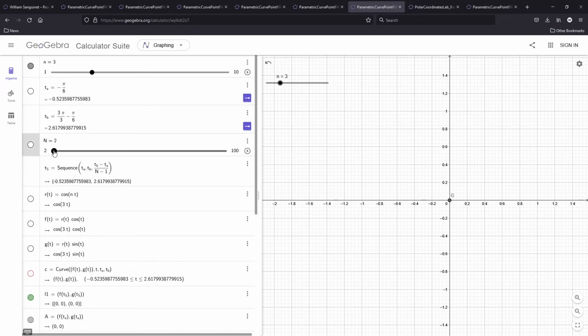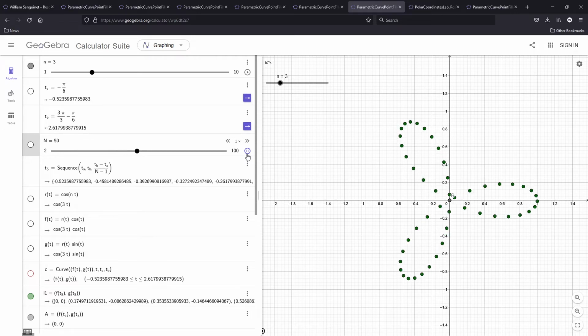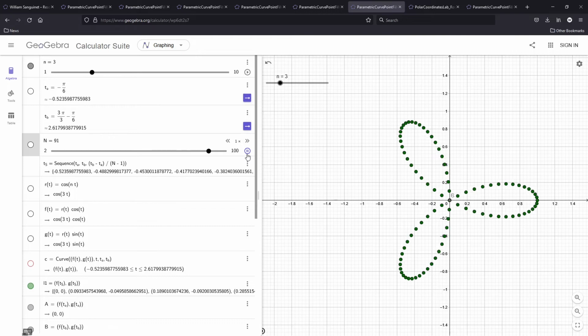So if we gradually sample a number of different points on this curve, and we look at more and more points in this curve, we eventually see why this curve is called a rose. This curve is a rose because it looks like a flower.